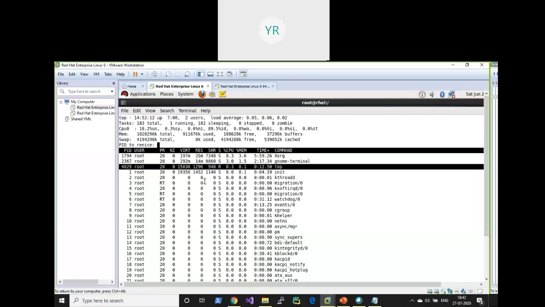How will you get the PID? Here only, you have the PID for every process. Suppose migration, the process ID is 3. Like that you will find the PID. So dynamically you can give the priority here. If you enter that, it will ask for the nice value, there you can enter the nice value, and like that you can change it.